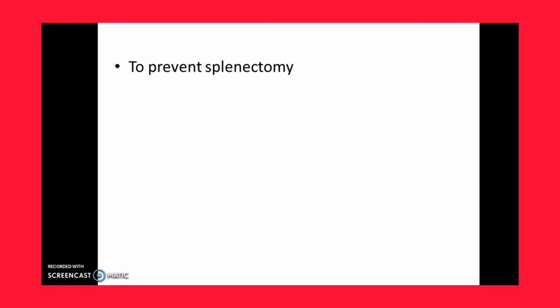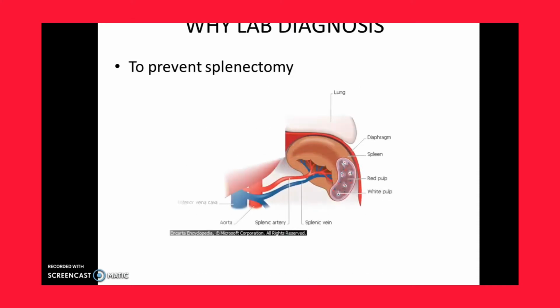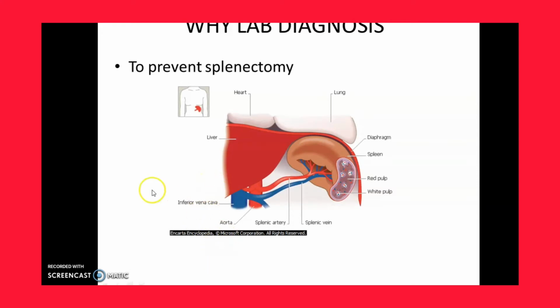But the role of the spleen is very necessary. So we do not need to lose our spleen, that is, to remove our spleen, because when you look at what the spleen is about, then you will understand. The spleen has this area inside it, the white pulp and the red pulp.